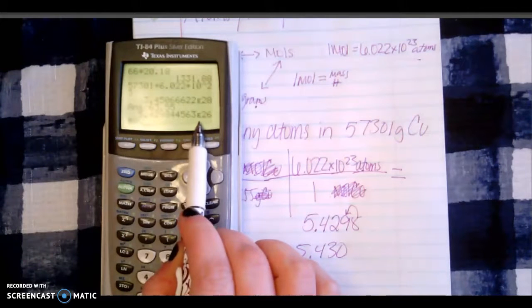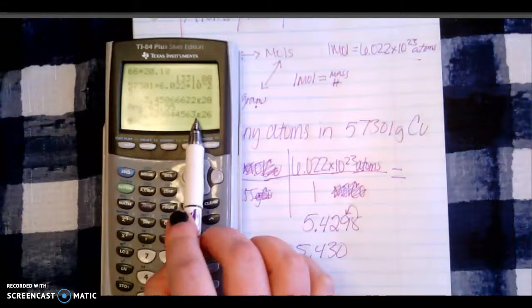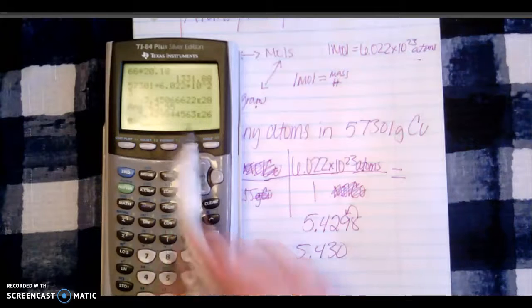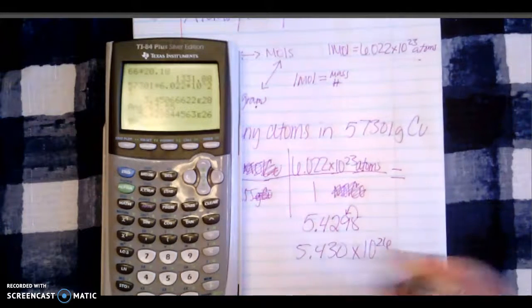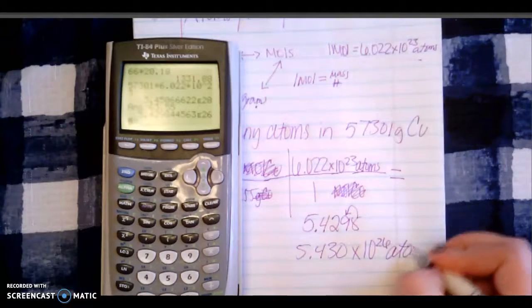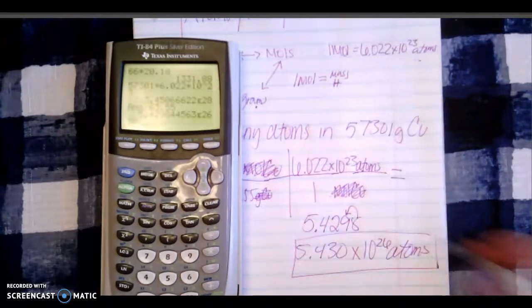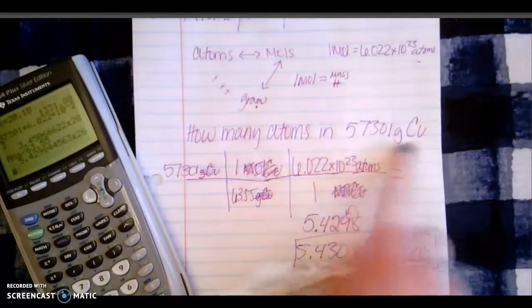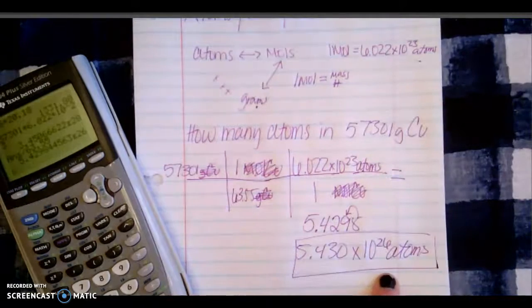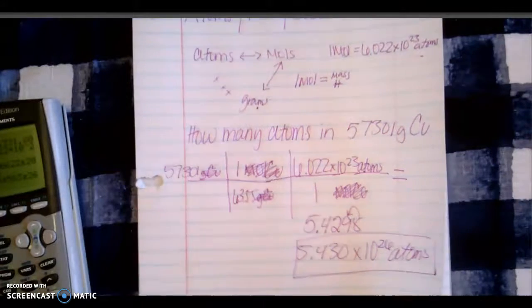What that E means is that it is an exponent, so that means times 10 to the 26th. And then we are looking at atoms. That is our answer for how many atoms are in this many grams of copper. It's that many atoms. Let's do another one.